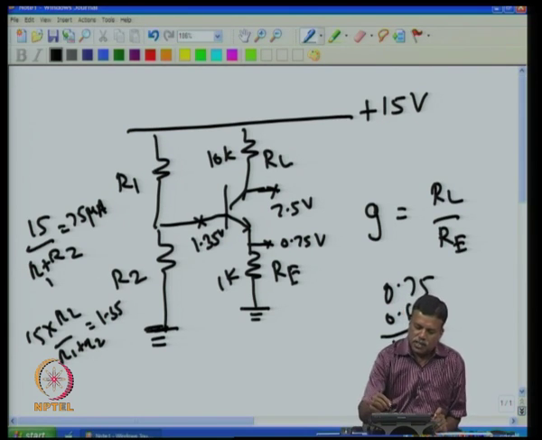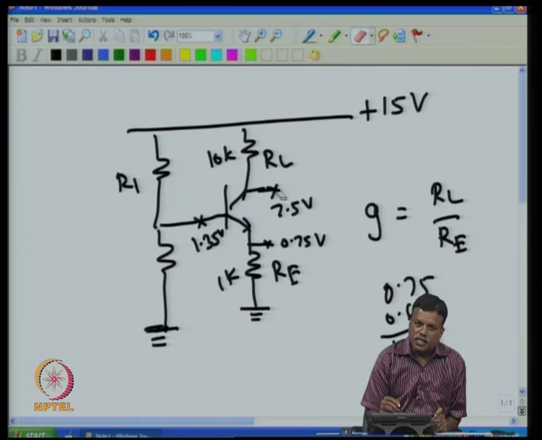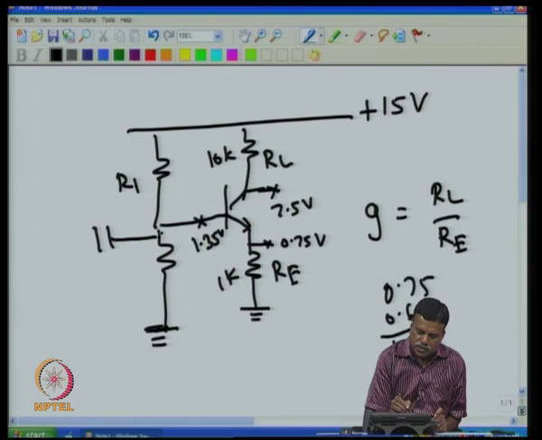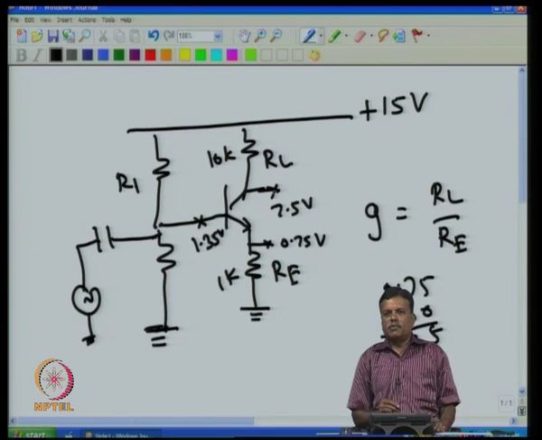Once R1 and R2 are known, this transistor amplifier is ready for amplification. Now, I can apply an AC voltage here, put in a decoupling capacitor so that the DC voltage will not get short circuited through the AC source. Now, I connect the AC source. This voltage will be amplified and the amplified voltage will appear here. This is the transistor amplifier which we discussed in the previous class.